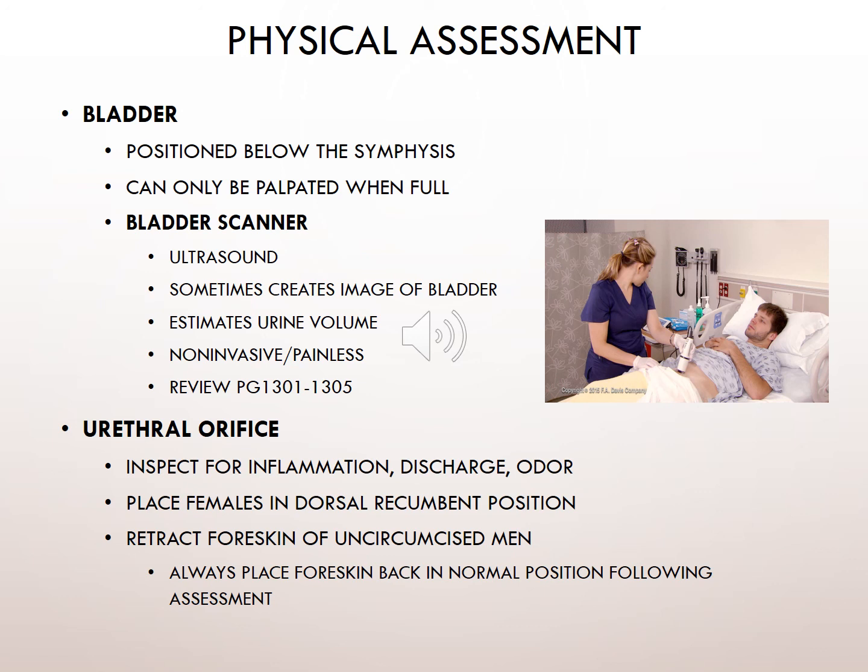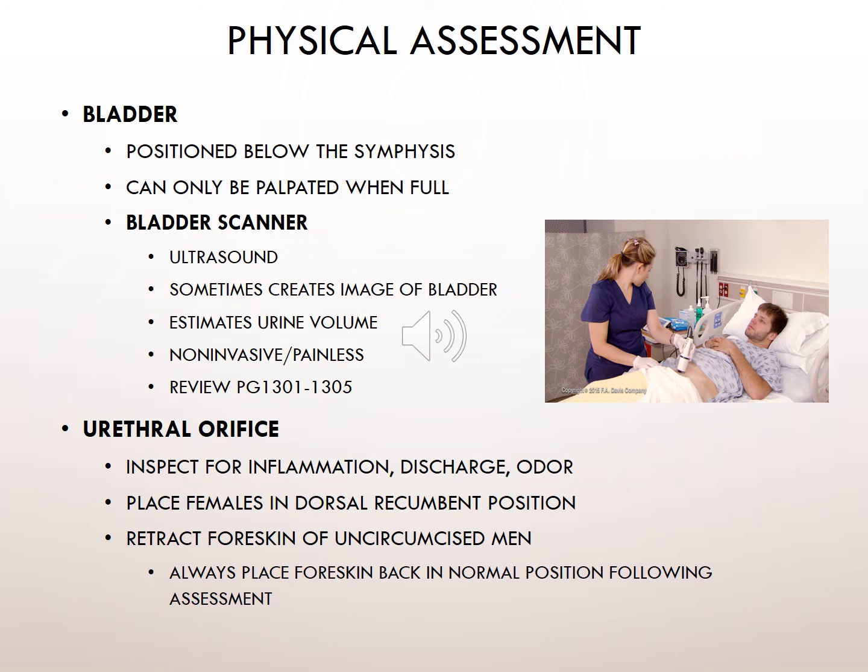As well, for doing a physical assessment, your book talks about assessing the urethral orifice. During your head-to-toe this may not happen, but if you're assisting a patient with a bath, you may be able to inspect that area for any inflammation, discharge, or odor. For an uncircumcised man, you may have to retract the foreskin to look at that area.